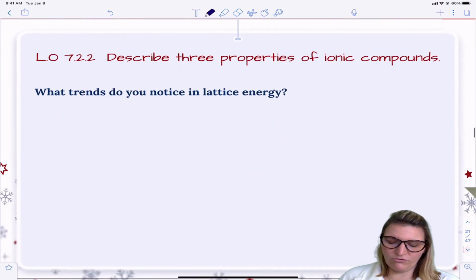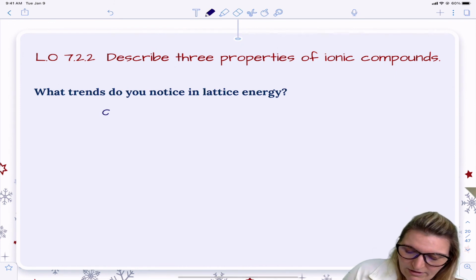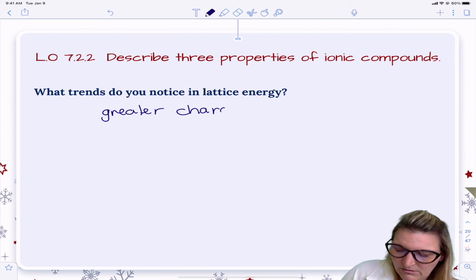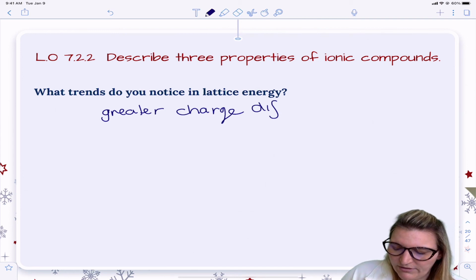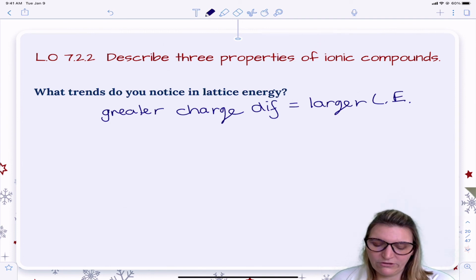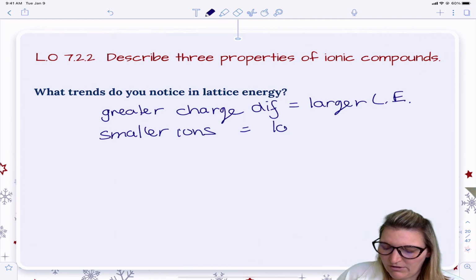And so these were the trends that you should have seen. The greater the charge, the larger the lattice energy. It's going to take more energy to break it up. And smaller ions equals larger lattice energy.